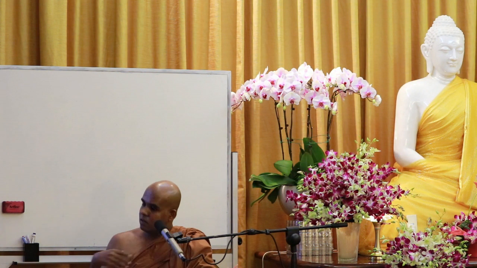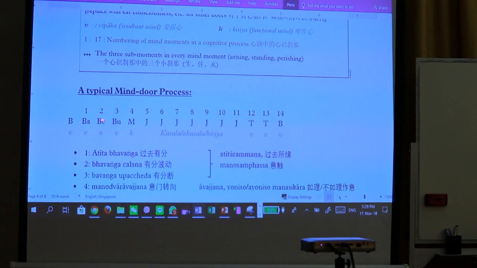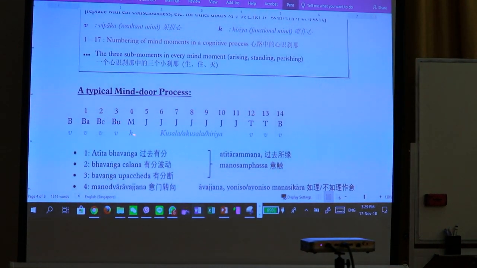Okay? Now this is a mind door. But they have a very big argument in the commentary and sub-commentary also. Someone says the arrest bhavanga is the mind door. Someone says the vibrating bhavanga is the mind door. Someone says no, the first bhavanga is the mind door.